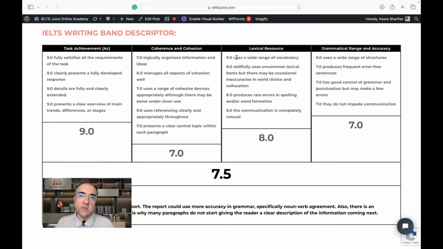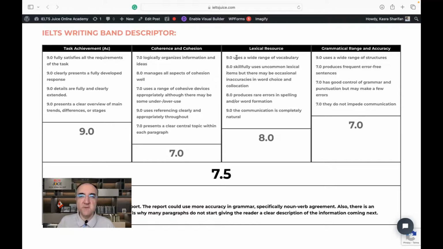Some might consider wide as I should see like 10, 20 uncommon words. It works in comparison with the number of words you are supposed to write for the task. You see, in task 1, you're expected to write at least 150 words.